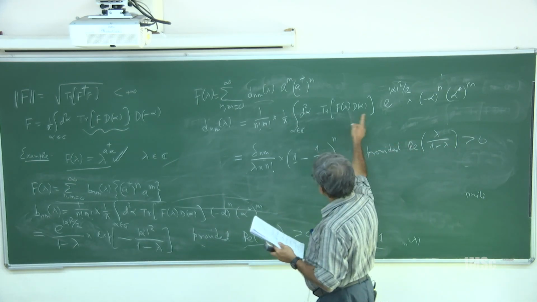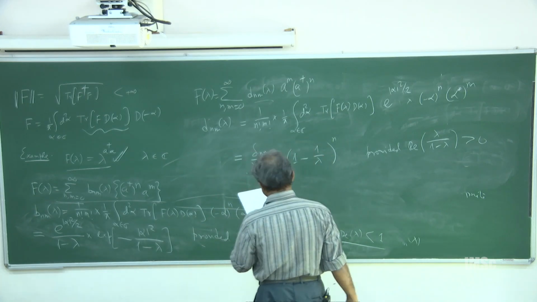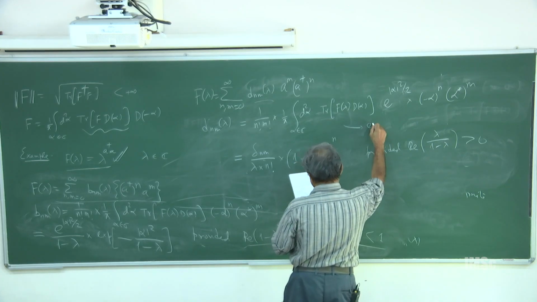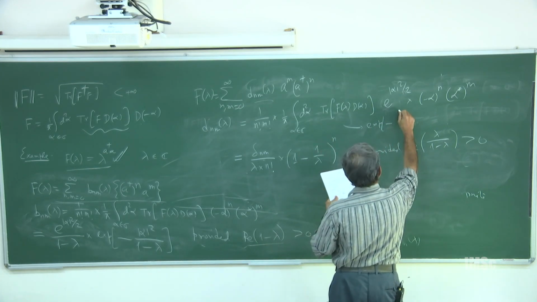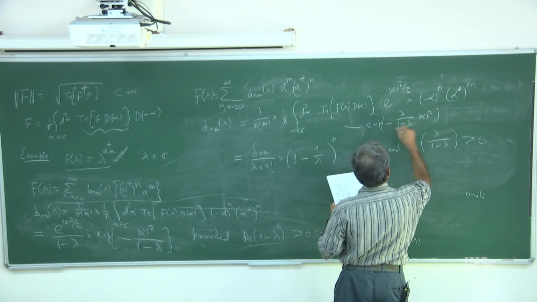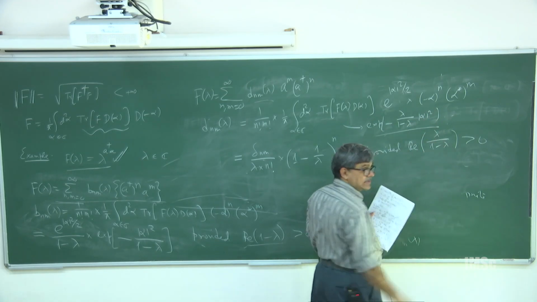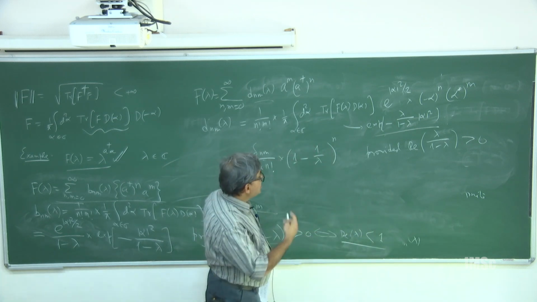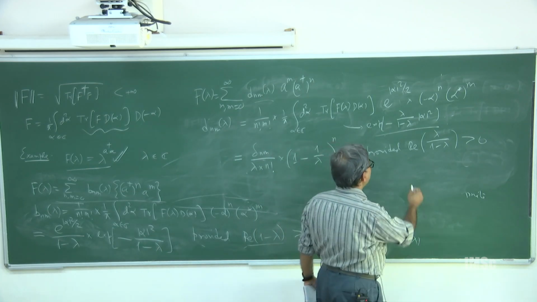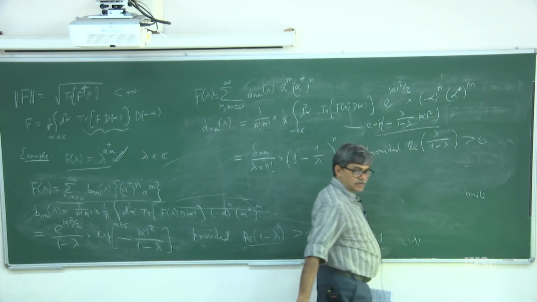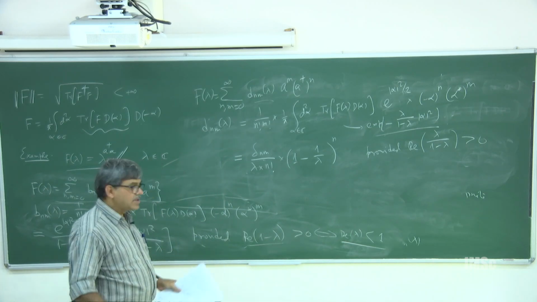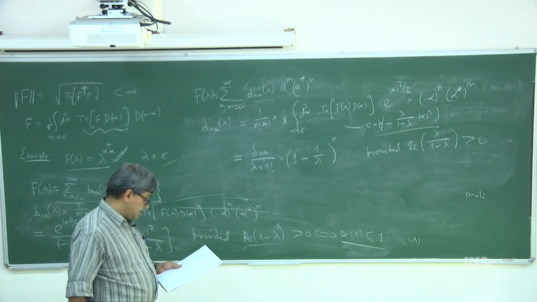Because if you do this integral, you will have an exponential of the form exponential of minus lambda by 1 minus lambda times mod alpha square. There will be other terms, but this is what you will see. With this exponential in the integral, it will converge provided the real part of this is positive. This is something like a Gaussian integral; not just Gaussian, it is a moment of a Gaussian integral.